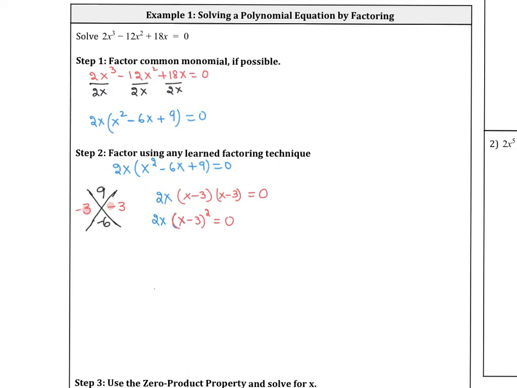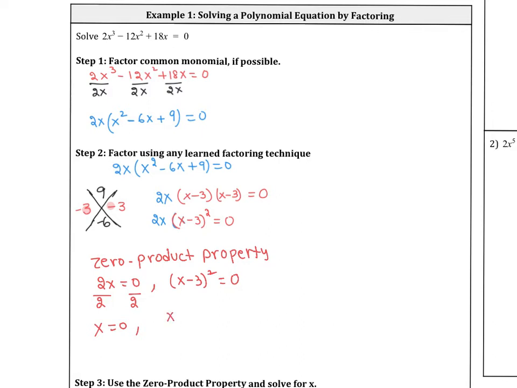So next step is step number 3, that is apply the zero product property. Since I have a space here, I'm going to apply it here. Zero product property means you're going to put these factors equal to 0 one by one. So 2x equals 0, comma, x minus 3 squared equals 0. Divide by 2 on both sides, you get x equals 0, and you can drop the square because it's equal to 0.